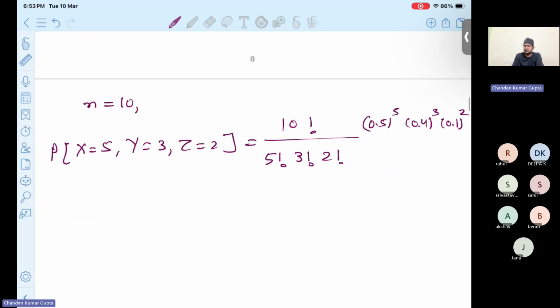Now this is nothing but a calculation that can be solved via calculators as well.